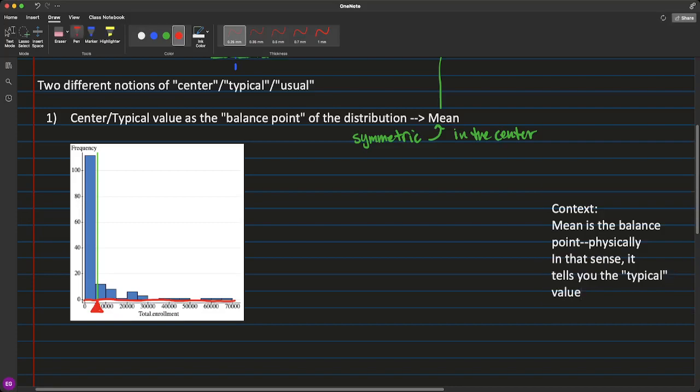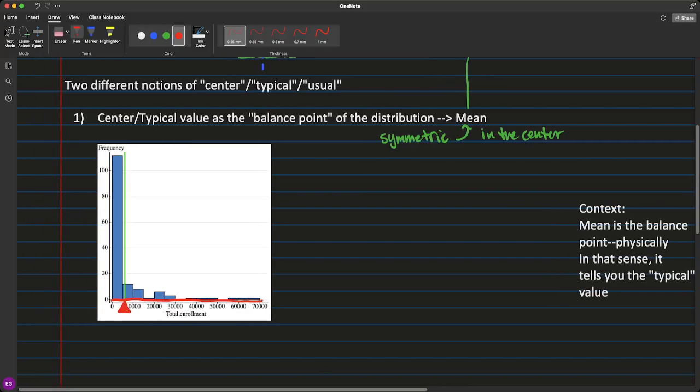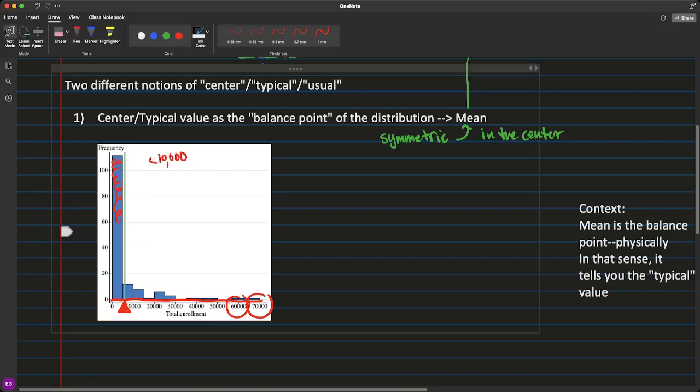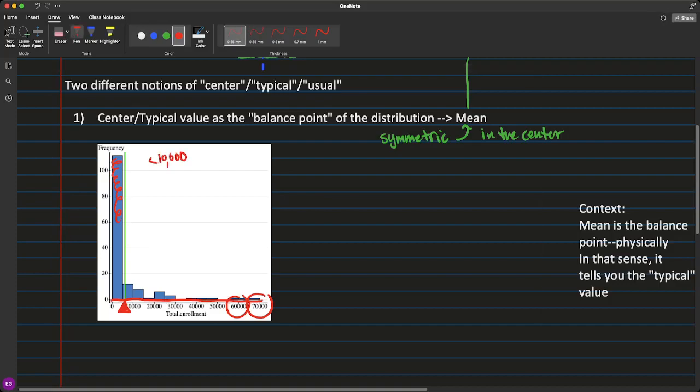Right, so in terms of total enrollment, typically it's about 6,000. Now you can see that there are schools that go up to 70,000 and 60,000, but most of them are over here in this bin with less than 5,000.